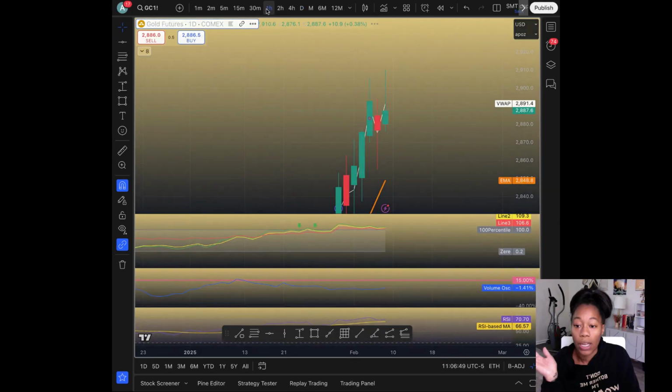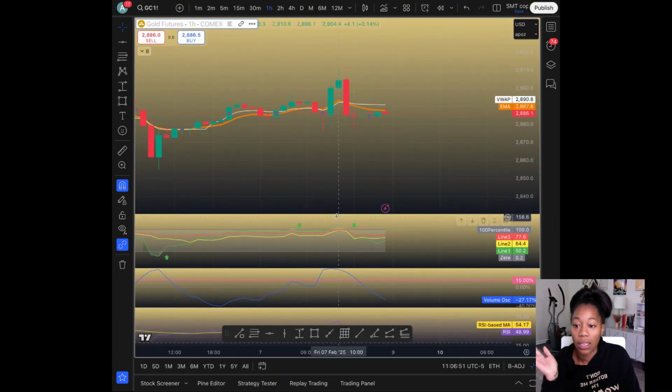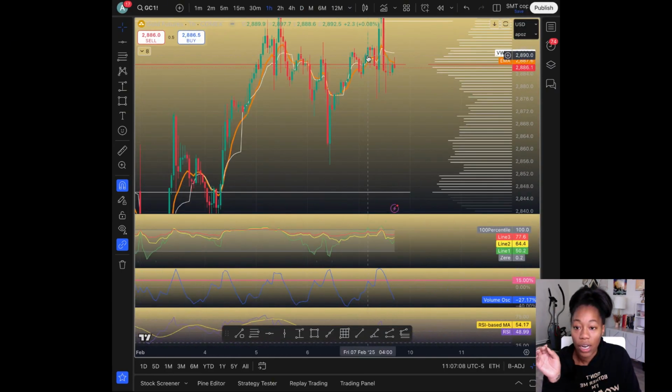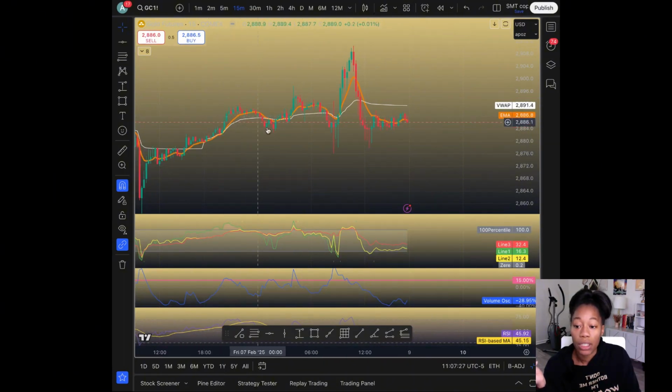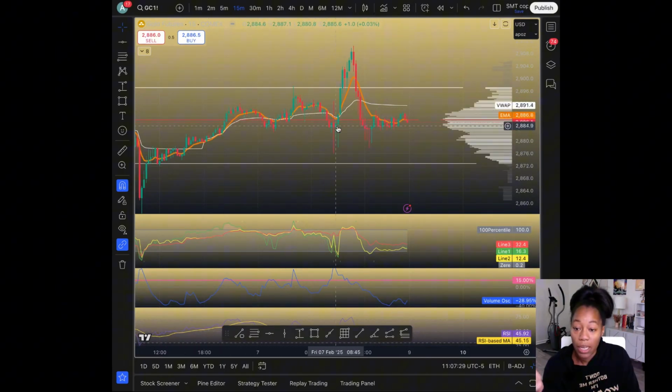Now, when I click on a 1-hour chart and bring it in, Friday starts here. So this is every hour within that one day. So 1 hour within Friday, this is how much the candle moved. You can also zoom in on a 15-minute, and these are 15-minute increments that happened within the hour that are happening within the day.